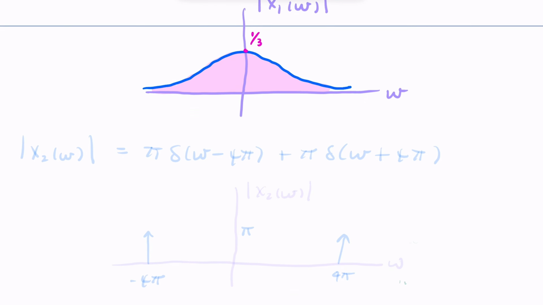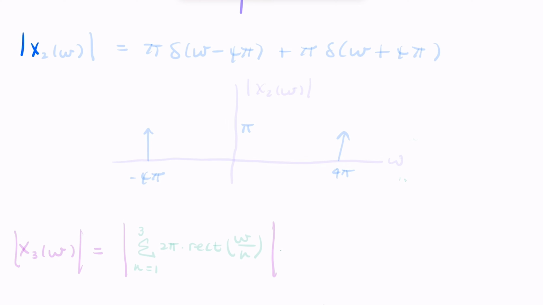The second plot is straightforward. The modulus, or the magnitude, of x2 of omega is simply pi delta of omega minus 4 pi plus pi delta of omega plus 4 pi.